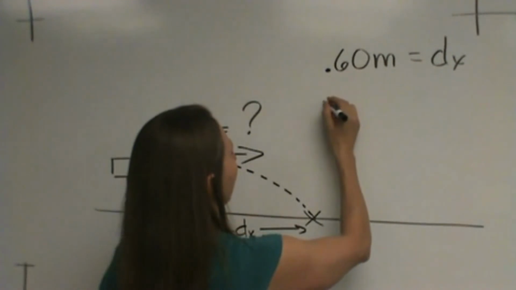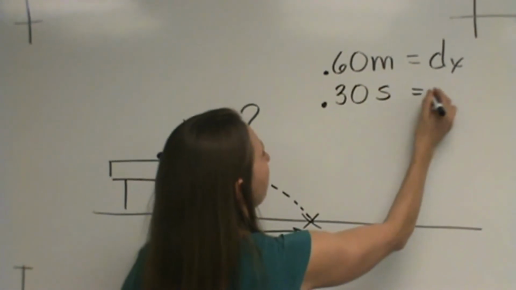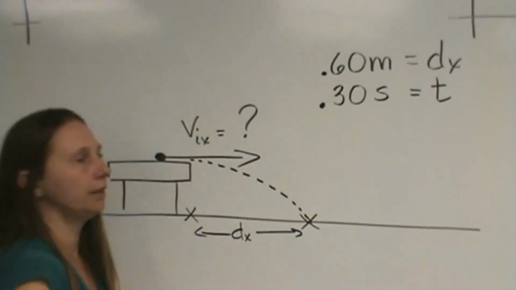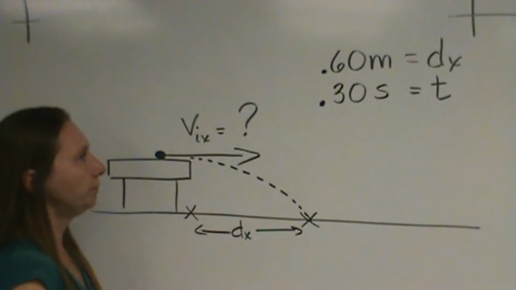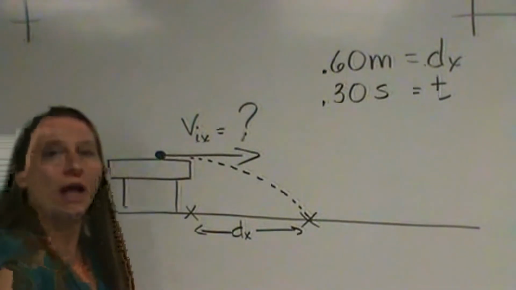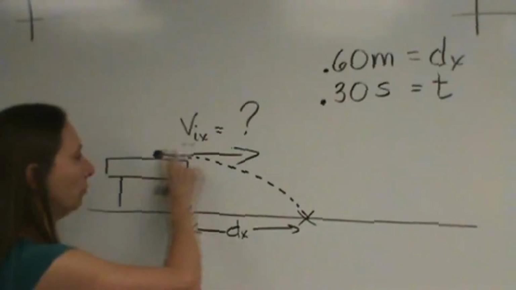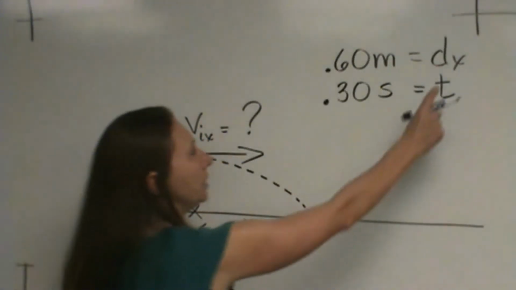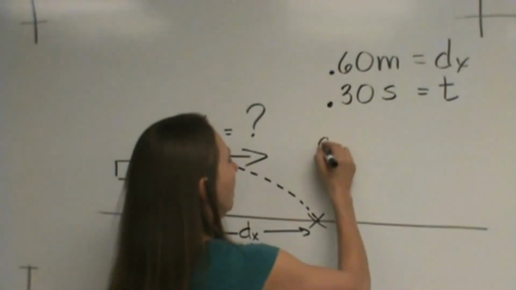So again, since we know the range, we're going to use the range equation. dx equals vx times t. But I'm going to solve for vx because I want to know vx. So vx equals dx over t. All right, so let's start substituting in.